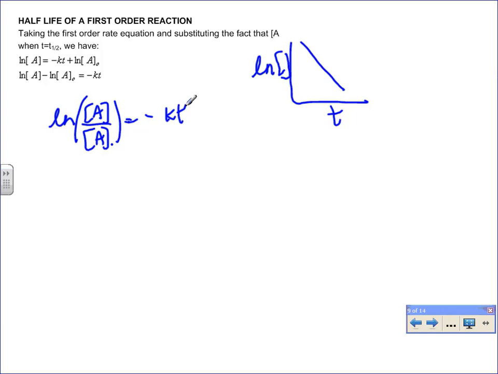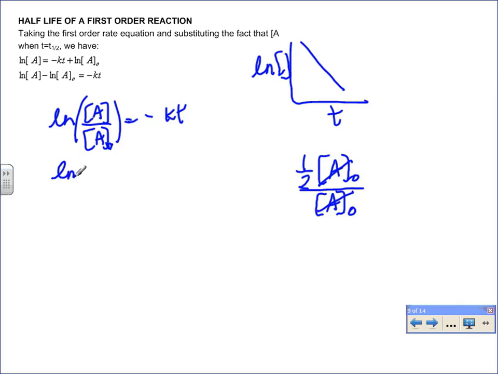When we're looking at the half-life, that's going to be the point where the concentration of A is equal to half the concentration of A naught. So I'm just going to do a little side thing over here. If I've got half of A naught over A naught, so I'm taking this expression and applying it for my half-life, that is really just 1 over 2, because A naught simplifies.